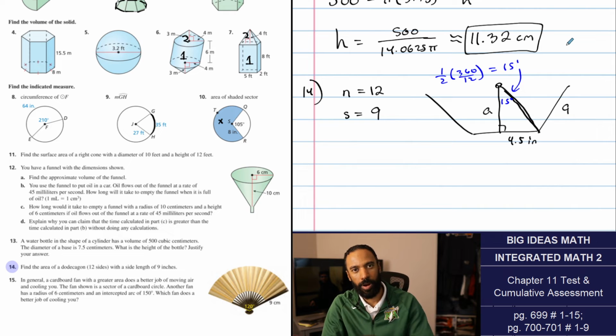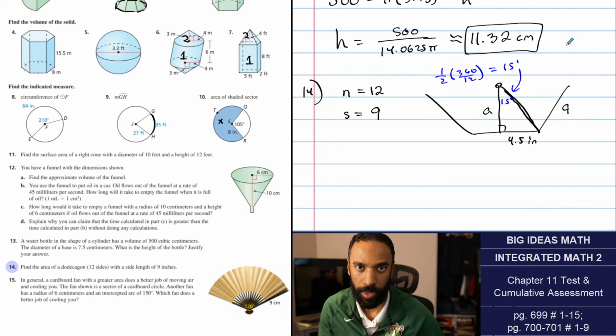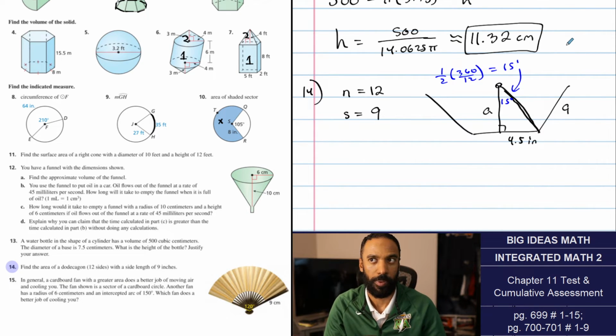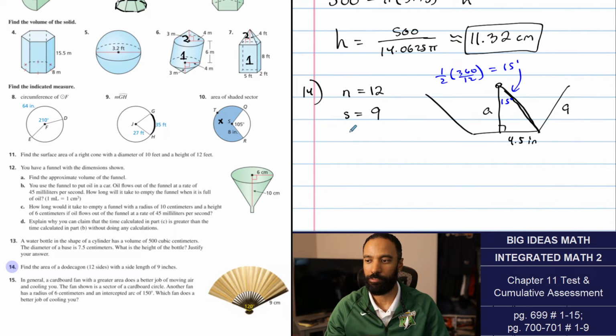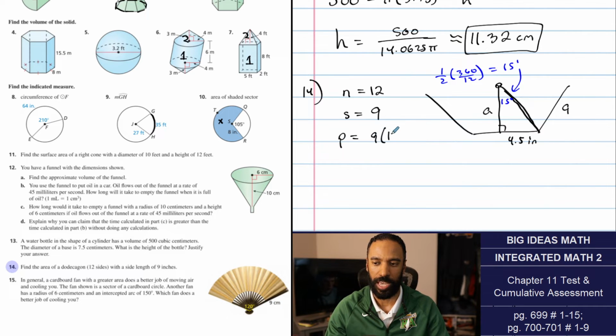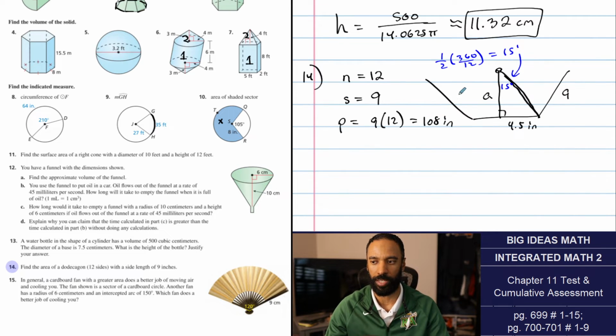In the last problem with the hexagon, we had a 30, 60, 90 triangle, a special right triangle with special ratio relationships. This time, we have to use trigonometry to find the apothem. Let's do the perimeter now. 9 inches per side times 12 sides is 108 inches in total. So we have the perimeter, but the apothem is set up using trig here.